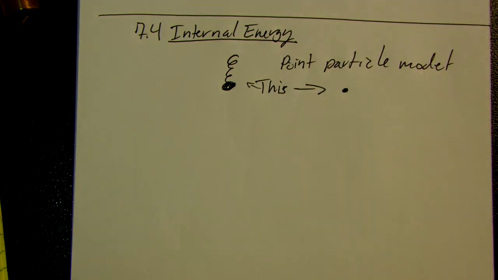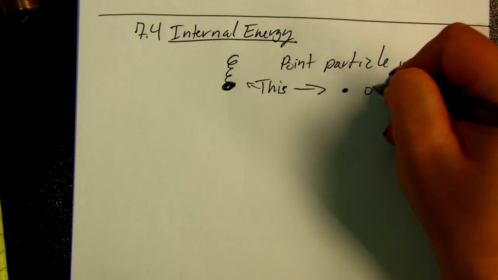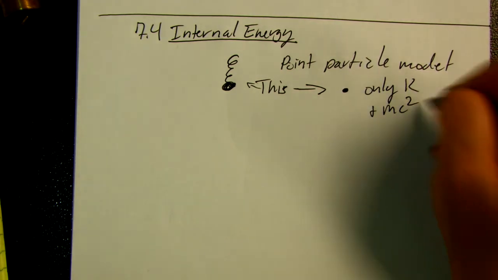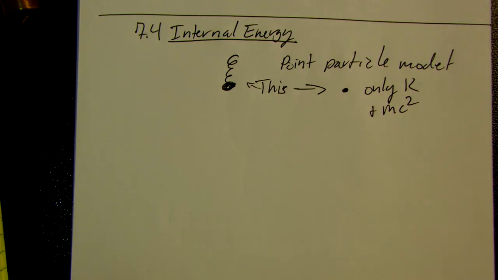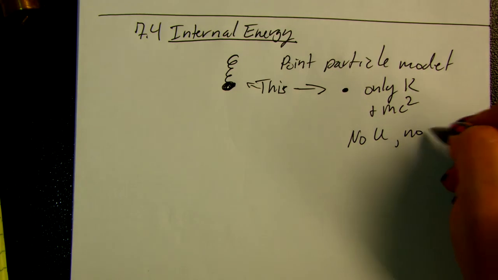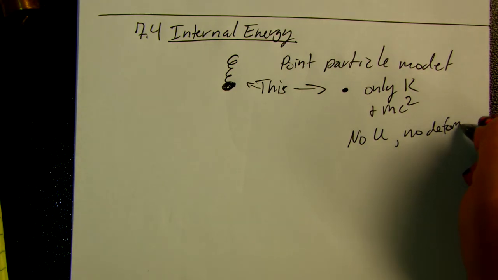Well, if we're just dealing with a dot, then it can only have kinetic energy, only K and mc squared. It can't have any potential, so no potential, and no deformation.